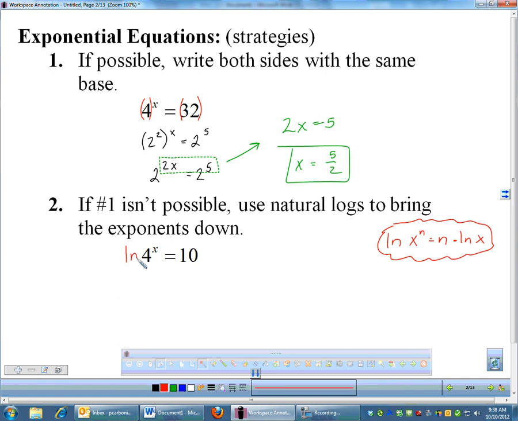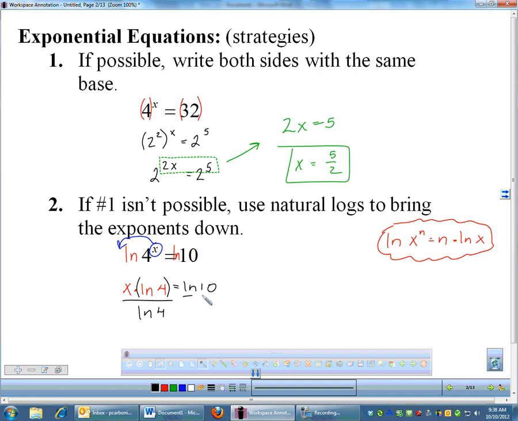So I will take the natural log of both sides of the equation, and when I do that, I get to write this as x times the natural log of 4. So I just take this x, and I bring it down front, and then that's going to equal the natural log of 10. And then to finish solving for x, we are simply going to divide by the natural log of 4.